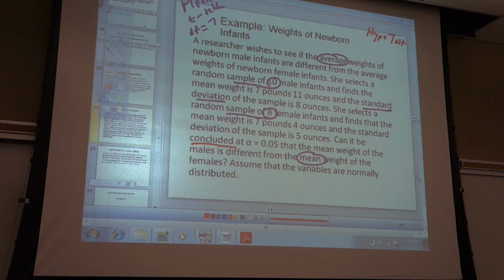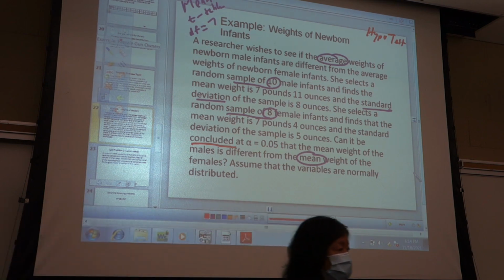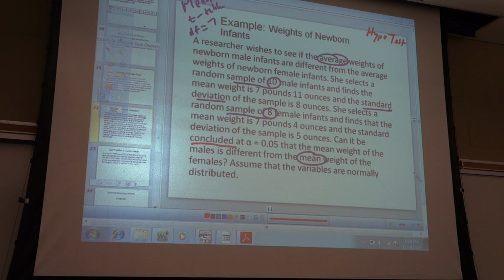Okay, so it's a 2-sample mean test. Is this independent or dependent? Independent, because there's not little matched up pairs. Okay, everyone put your finger on the right spot.